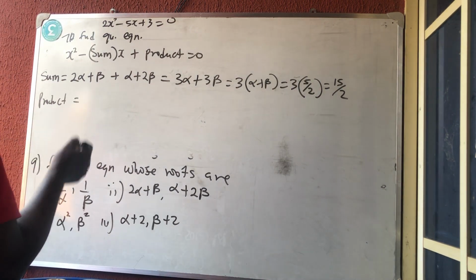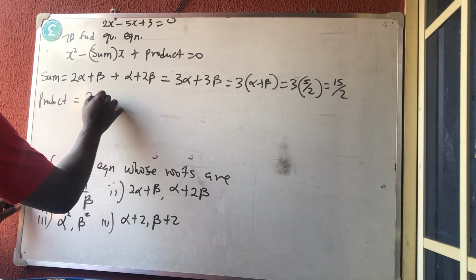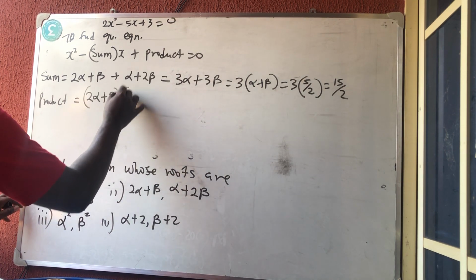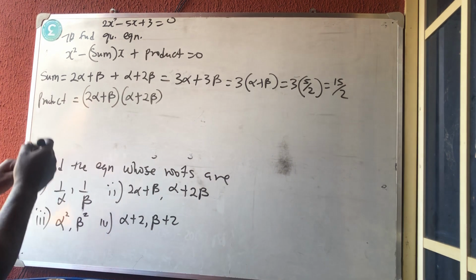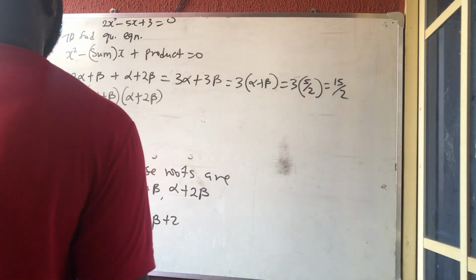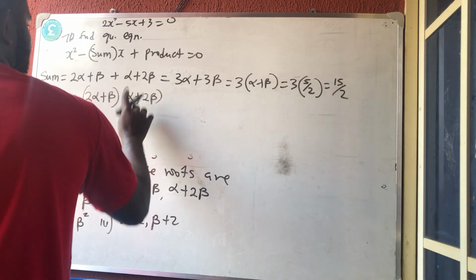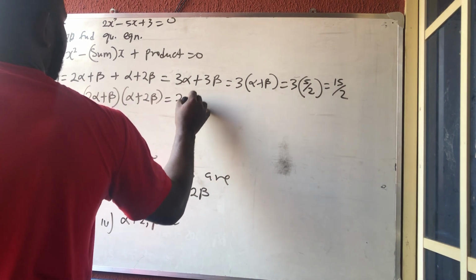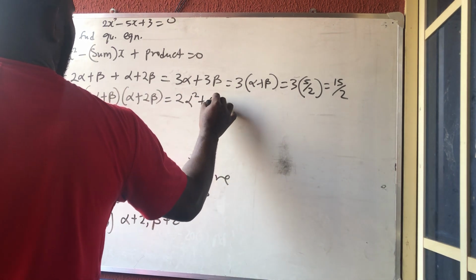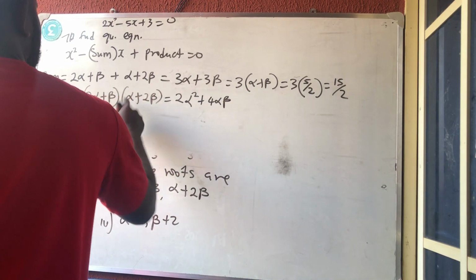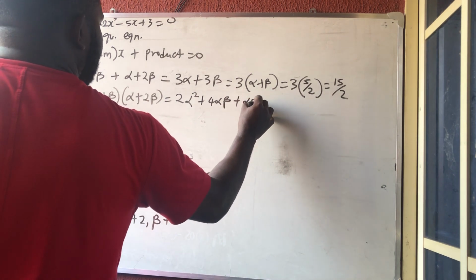Let's go for the product. The product means multiplying them, which is 2 alpha plus beta multiplying by alpha plus 2 beta. If we multiply, this time this will give me 2 alpha squared. This time this will give me 4 alpha beta. This time this will give me plus alpha beta.